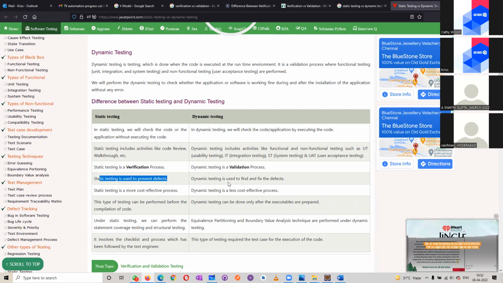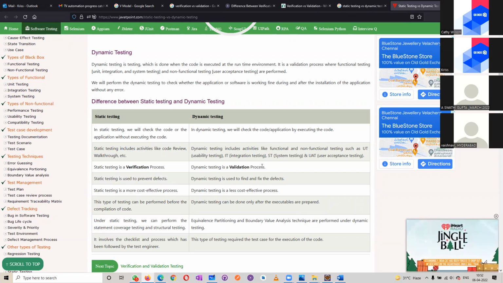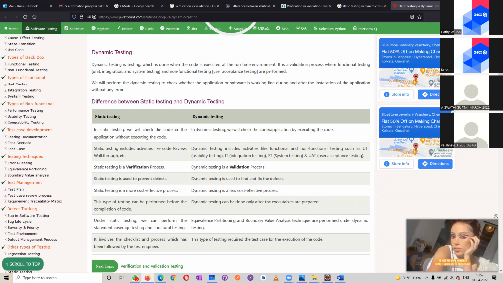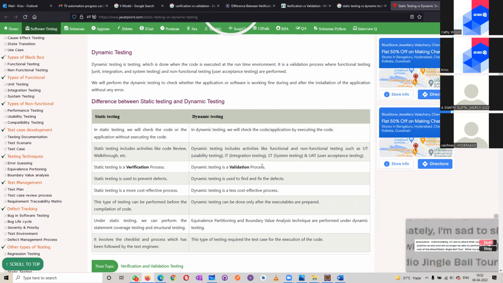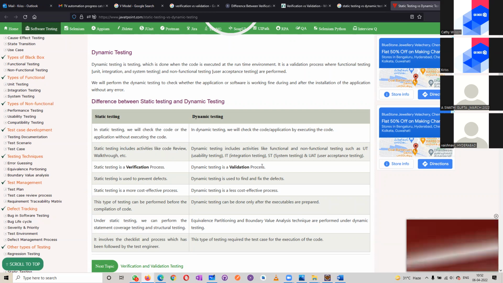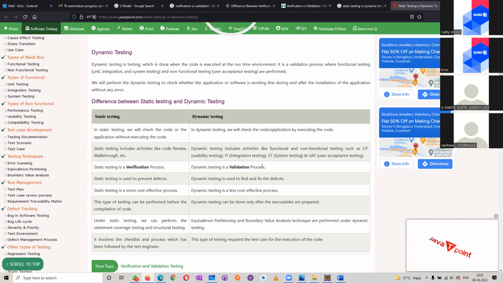This is prevention, this will identify and cure. Always remember the proverb: prevention is better than cure. Here we are forecasting and preventing bugs, but in dynamic testing we are identifying and then fixing those bugs. That is the difference between static and dynamic testing. Prevention and doing it.